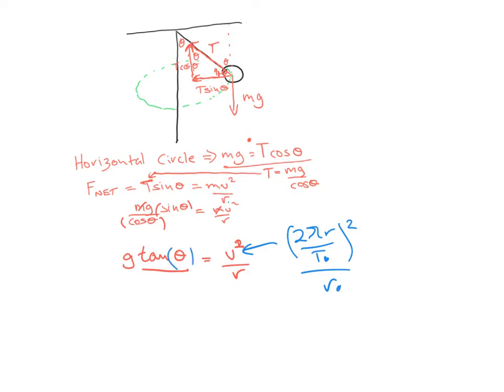Now the next thing that's linking theta is, because this is an actual string as well, this might have some sort of length, and you can use that to find theta: if this is r, theta is going to equal inverse sine of r on L. So you can link that back in that way as well if they give you some length of string.